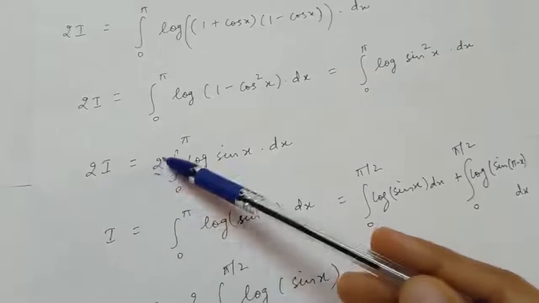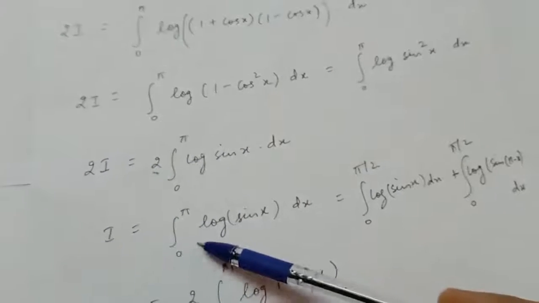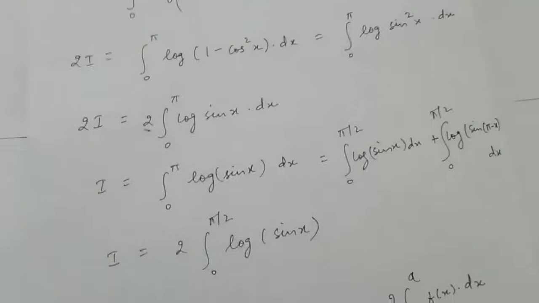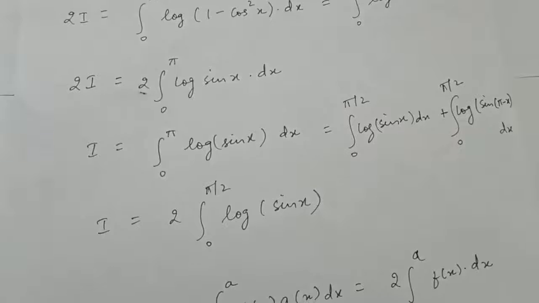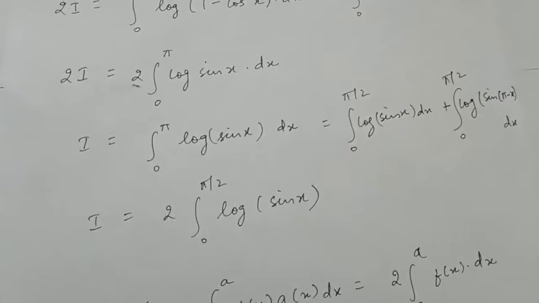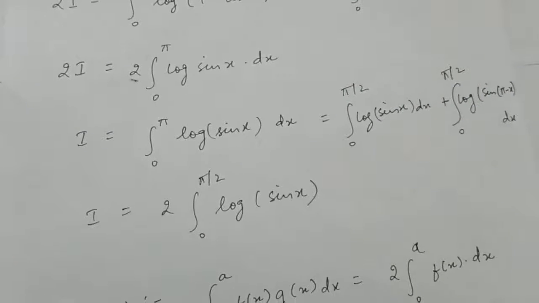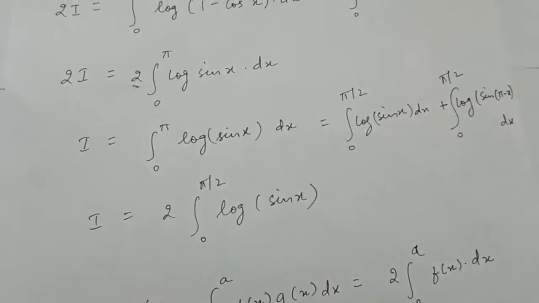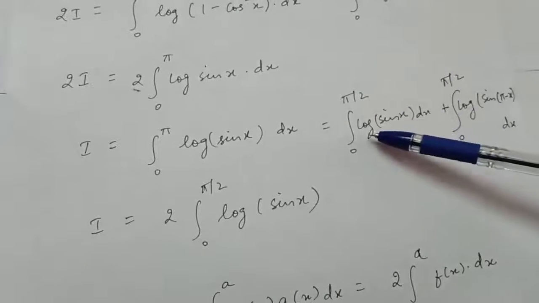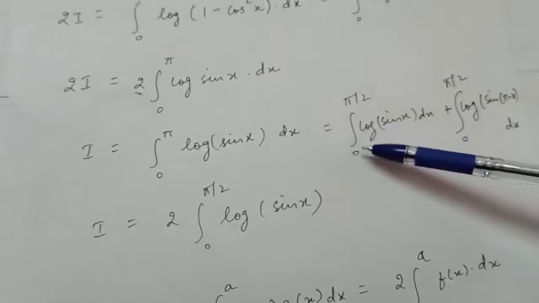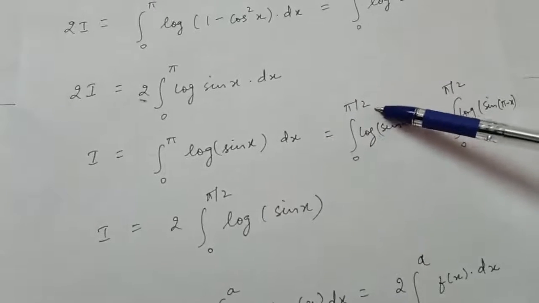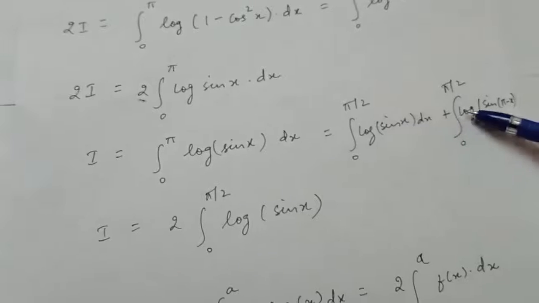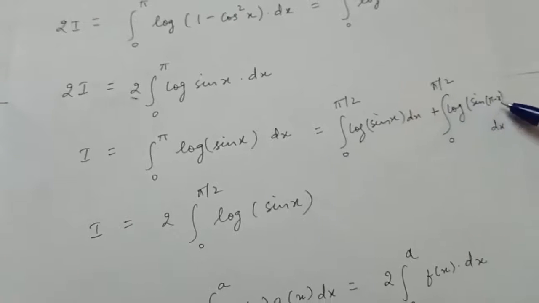Now cancel out this 2, so I will be equal to the integral of log sin x, and the limits are from 0 to pi. Now applying the property which we applied in the previous question, this can be equal to the integral of log sin x from 0 to pi by 2 plus the integral of log sin(2a minus x).